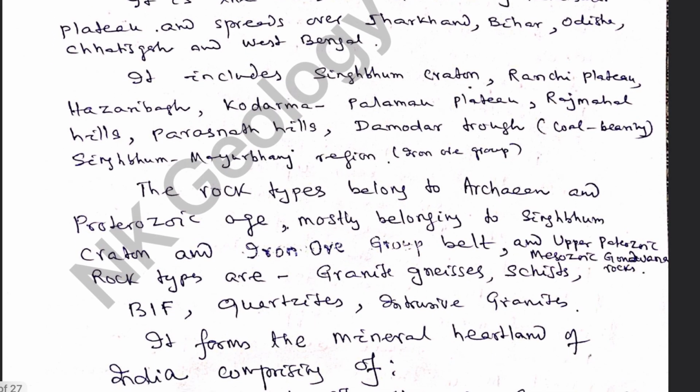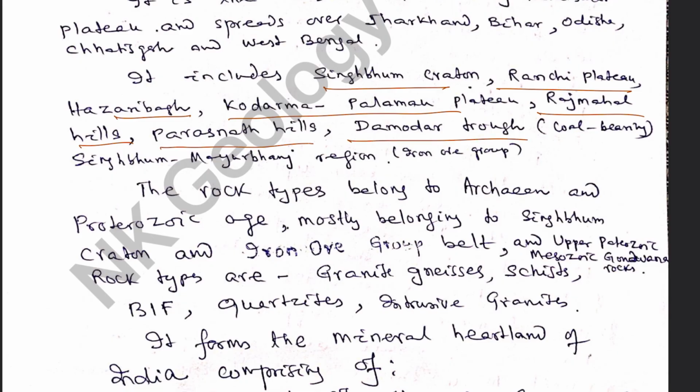It includes the Singhbhum Craton, Ranchi Plateau, Hazaribagh Plateau, Kodarma Palama Plateau, Rajmahal Hills, Parasnath Hills, Damodar Trough, which is coal bearing, and Singhbhum Mayurbhanj region, which is iron ore group.